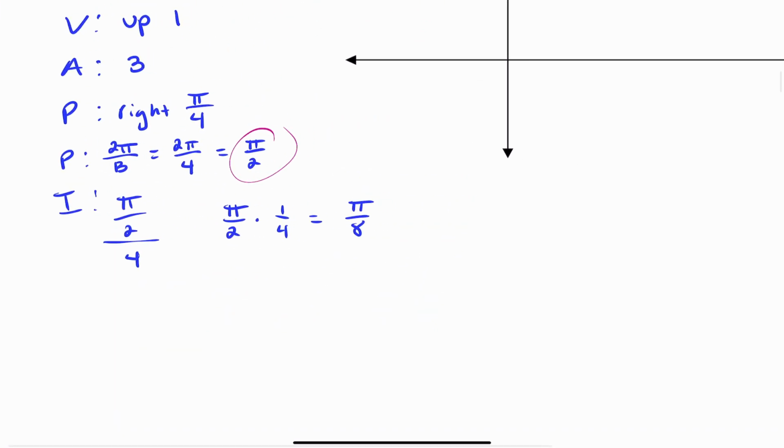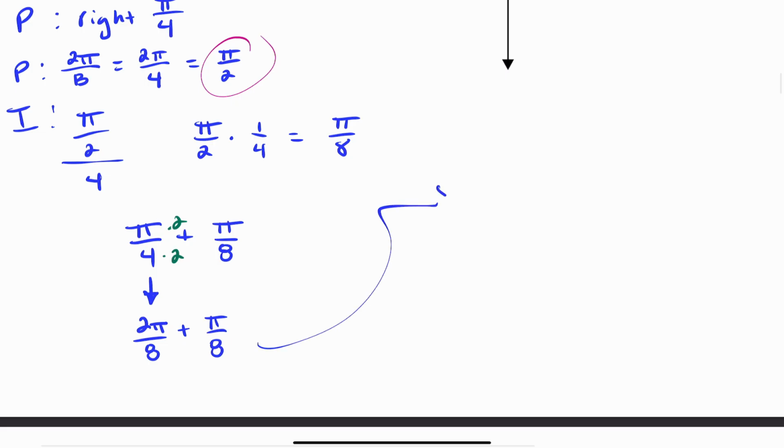So let's take a look. I start at pi over 4, yes, and I'm going to add a pi over 8. But since these two fractions don't have the same denominator, I need to multiply the bottom and top of pi over 4 by 2. So this is now 2 pi over 8, right? So pi over 4 and 2 pi over 8, they're basically the same thing. But don't forget, we have to add a pi over 8 each time, okay?